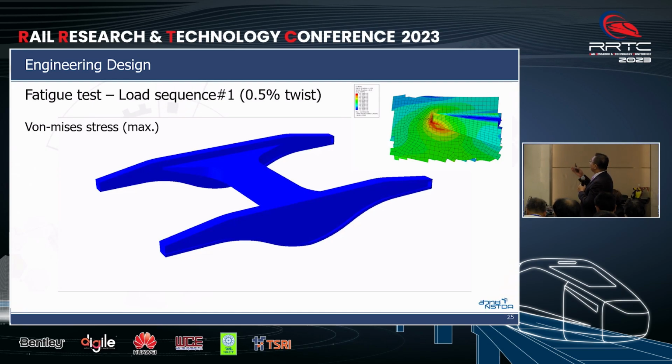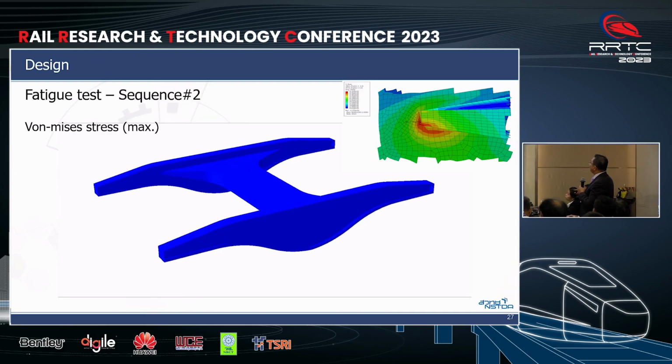Okay, for load sequence 1, we apply the load as I showed in the previous slide, and twist at 0.5%. This is load sequence 1. And then we go to load sequence 2. Again, we increase the vertical load applied on the bogie structure.